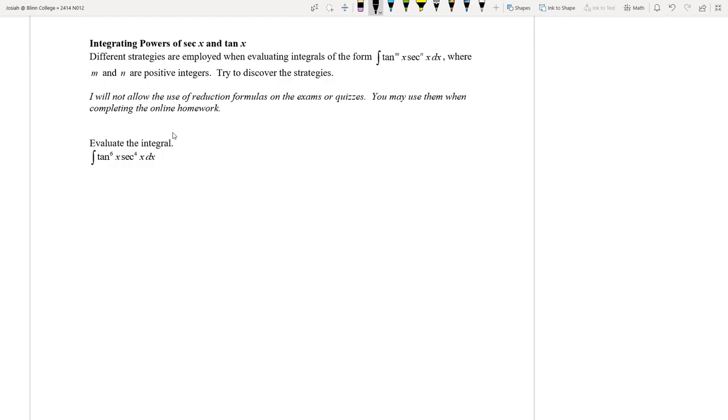Let's take a look at the derivative of secant. The derivative of secant is secant tangent. So if we split off a secant of x tangent of x, we are left with tangent to the 5th of x, secant to the 3rd of x, and I definitely don't have any real good manipulations I can do after that.